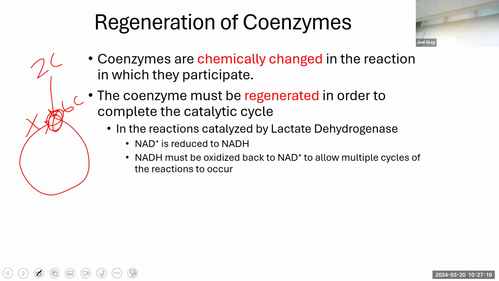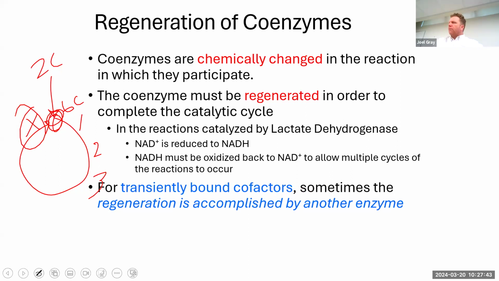But instead, in the citric acid cycle, we've got about 8 different enzymes that are doing it. Enzyme number 1 right here is going to feed into enzyme 2, which is going to feed into 3, which is going to ultimately get us back to there, which gets us to our 6-carbon molecule. Does that make sense? Okay.